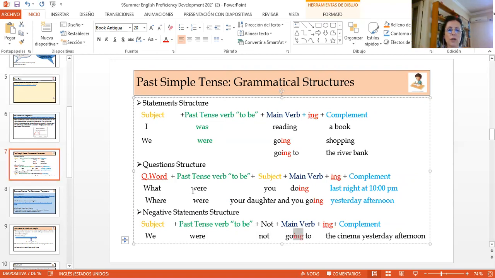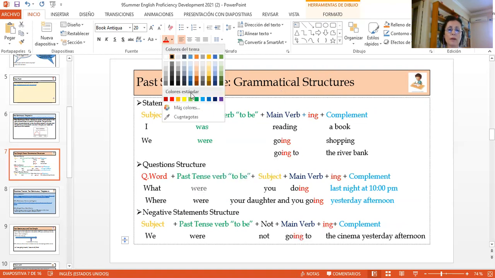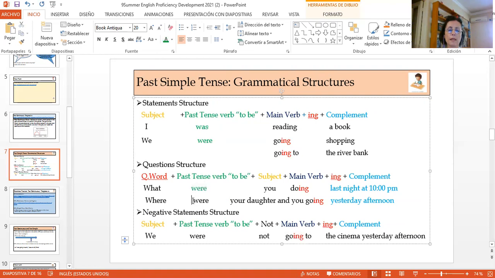So this is the structure. It's easy to understand. This is a progressive action in the past. It occurred at a certain point in the past during a period of time.